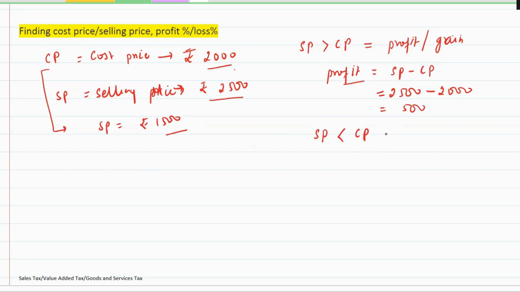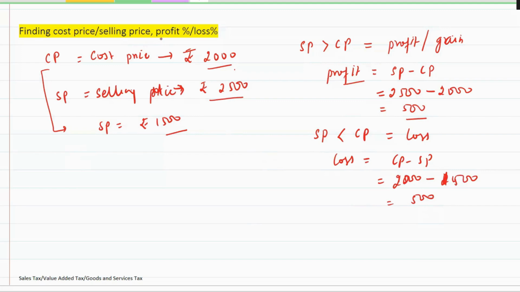Whenever CP is greater, there is always loss. And how to calculate the loss is CP minus SP. So in this case, 2000 minus 1500, and loss is 500. Clear? So whenever SP is greater than CP, there is profit. When SP is less than CP, there is loss.